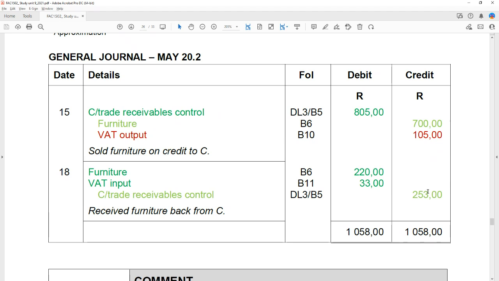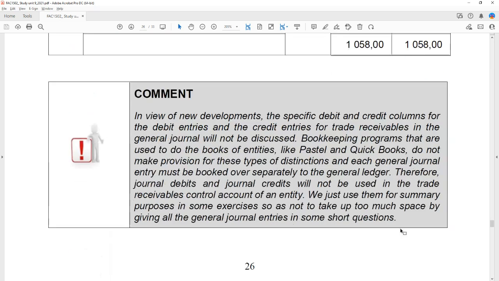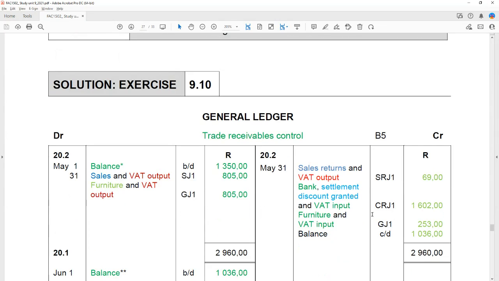So the total was 253 Rand. So again, the trade receivables control account must decrease. It's an asset, it decreases on the credit side. So we must decrease that balance with the VAT inclusive amount of 253 Rand.